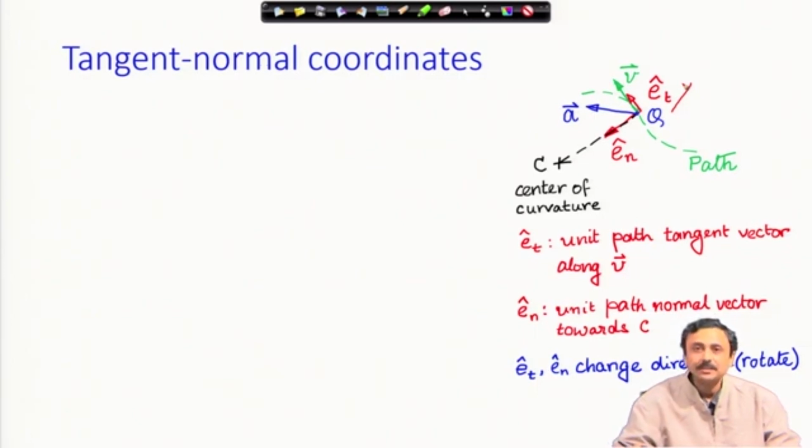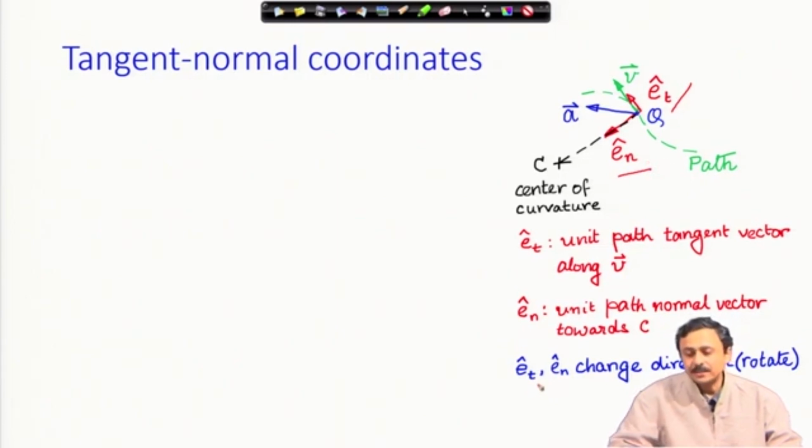So, e_t is a unit vector directed along the velocity vector direction and tangent to the path. e_n is normal to the path. Now, you can choose 2 normals, one away from C and one towards C. Here I am choosing towards C. In tangent normal coordinates we always choose e_n towards C.